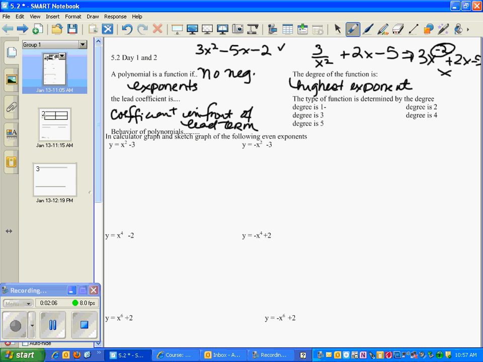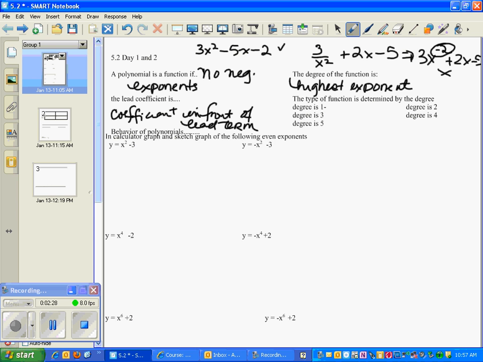What's my lead coefficient? 3. Basically, you're trying to determine, is it positive or negative? Because positiveness and negativeness is what we're looking at. All of these polynomials will be graphed with tails in the same region. It's where they cross the axis that are going to be different.